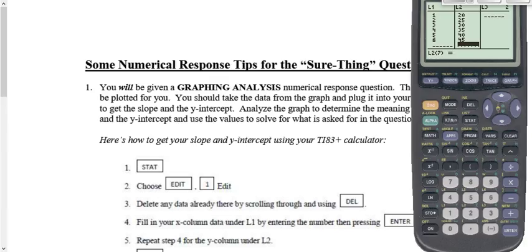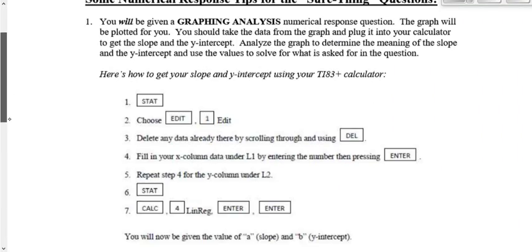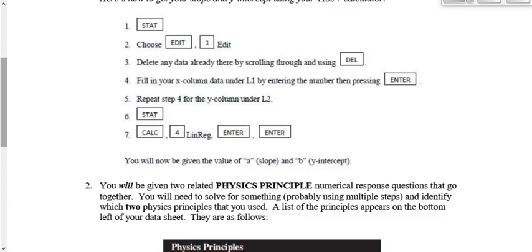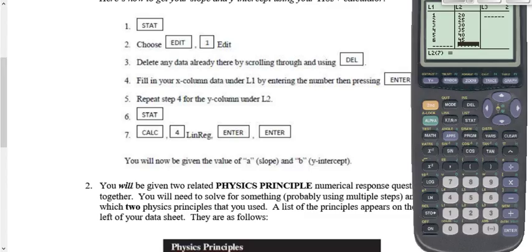So I've done step 4, I filled in my X column. I've done step 5, I filled in my Y column. Now let's go to step 6, which says stat again. Click stat. This time though, it's not going to be stat edit, it's going to be stat calc. Specifically option 4, linear regression. Press enter. Depending upon your version of the TI calculator, you may have to press enter twice.